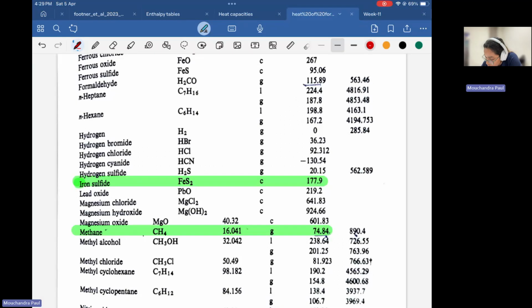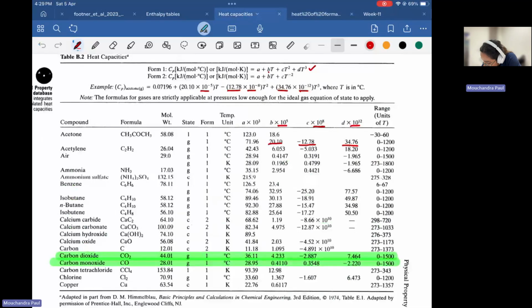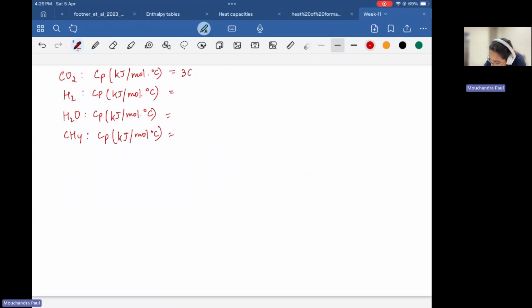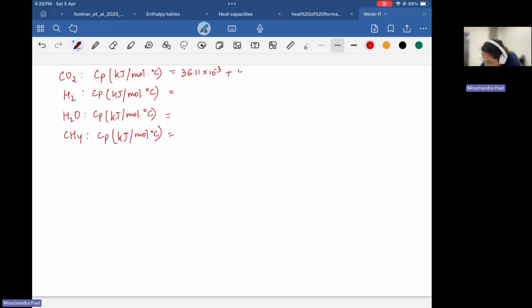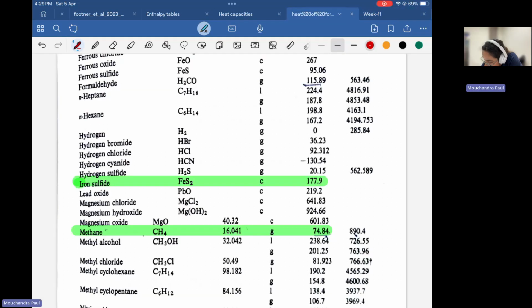So for CO2, it is 36.11 into 10 to the power minus 3. This is the alpha or A term, then 4.233 into 10 to the power minus 5 T. This is the B term or beta.